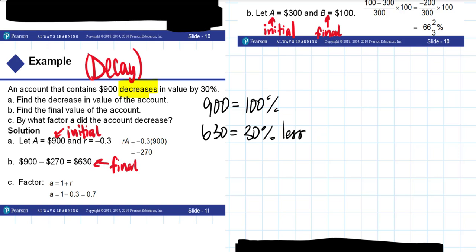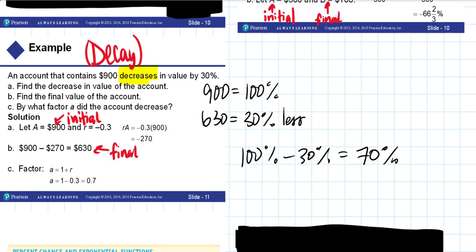You say, okay, what percentage was left of that 900? So it was 100% minus 30%. Your account has 70% of what it used to, or that's the factor. I have it written as 70%, but they actually rewrite it just as 0.7. It's the same thing, doesn't change it.